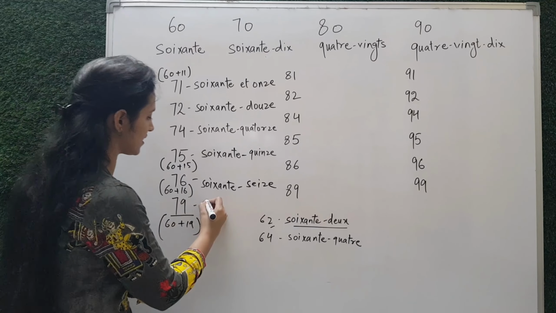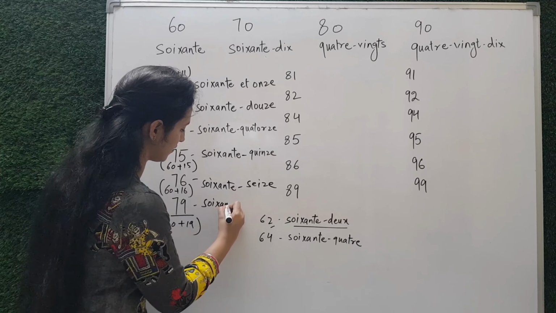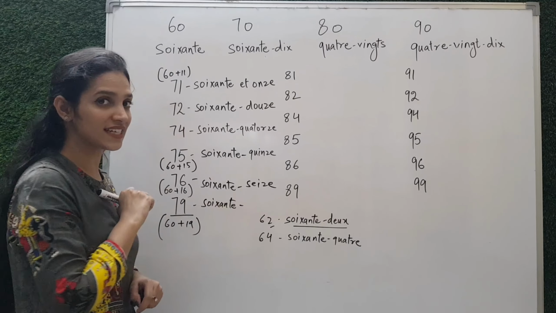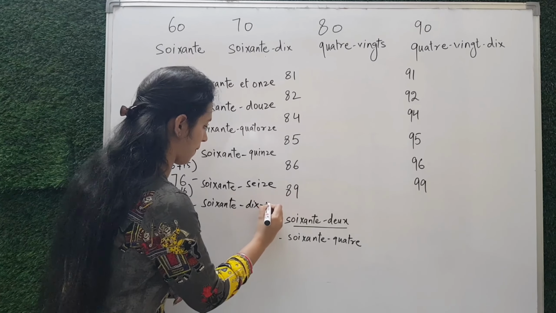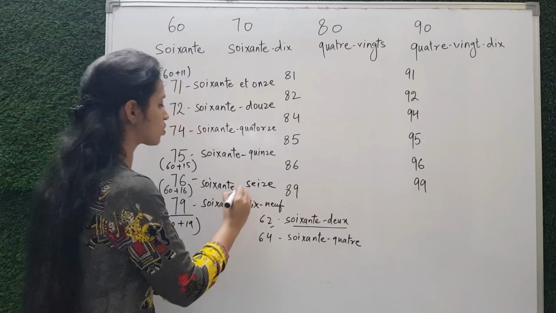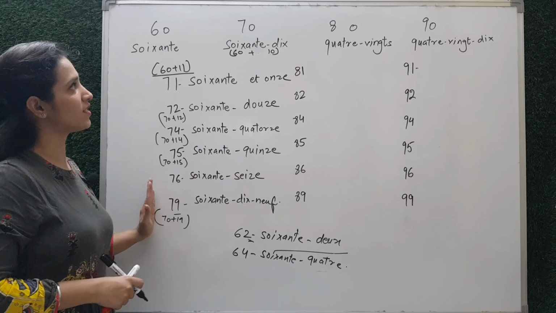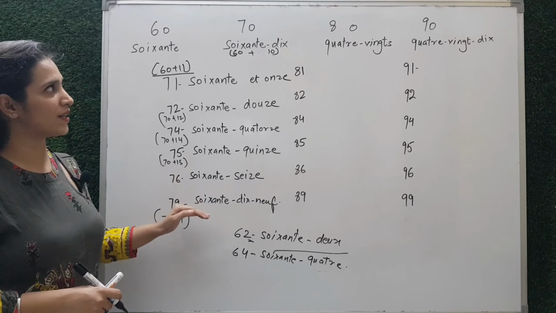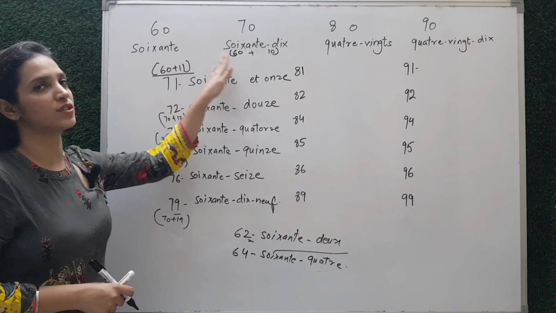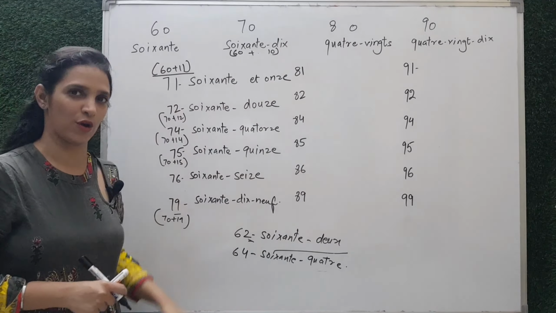So 60 is soixante. And what is 19? It is dix-neuf. Soixante-dix-neuf. So these were numbers from 70 onwards, right? So I hope it is clear. In the 70 line we are using numbers from 11 onwards.